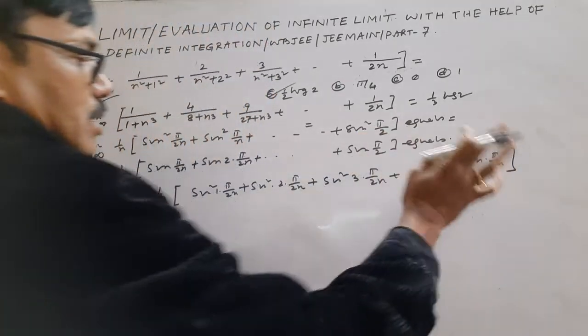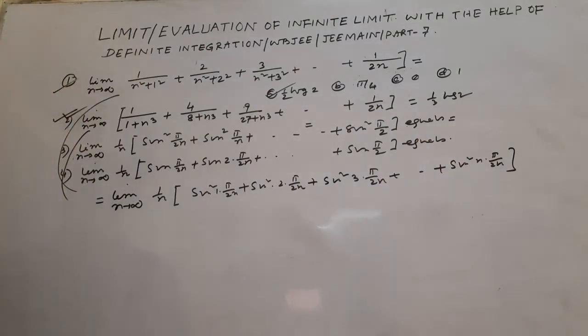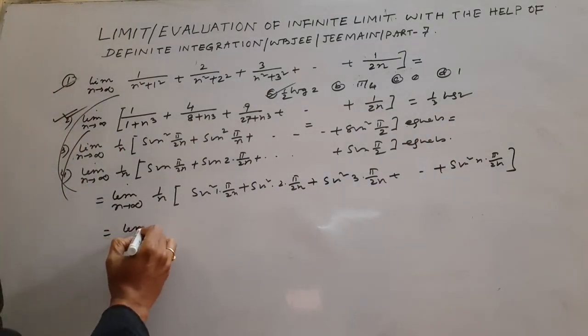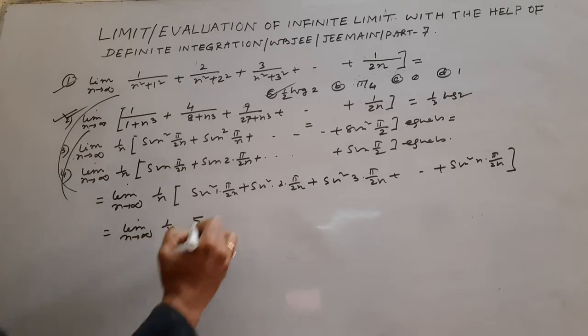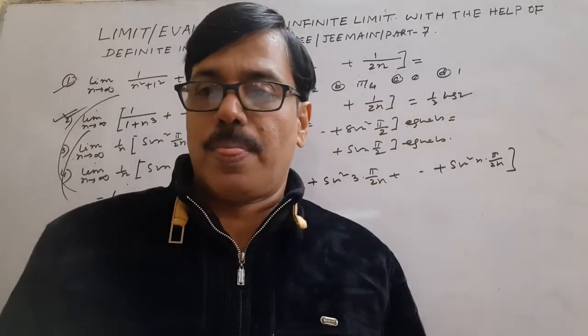Meaning remaining same, this is pi by 2. Now we want to express it in the form of summation.